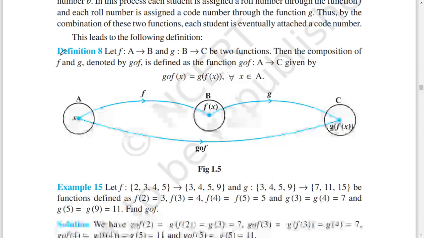This leads to the function definition. Definition 8: Let f: A → B and g: B → C be two functions.